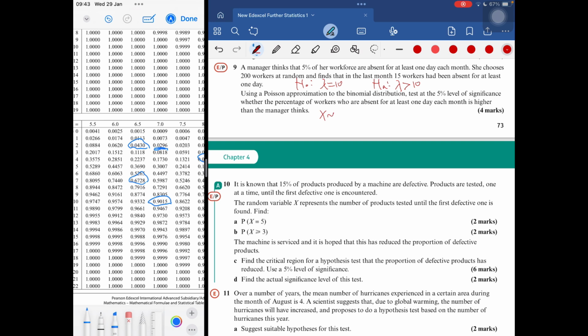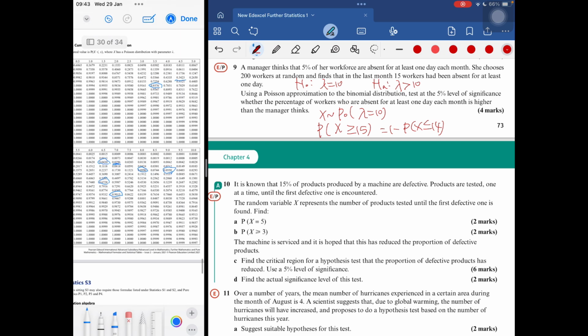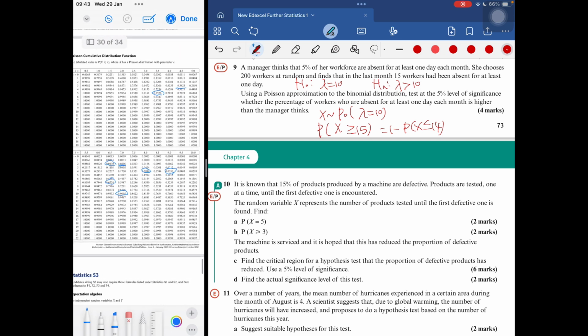So X follows Poisson with lambda 10, and now we have the result of 15. So X is larger than or equal to 15, so 1 minus the probability of 14. So 10 here and 14 here.